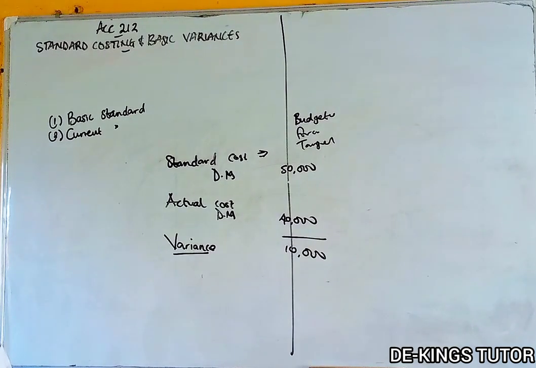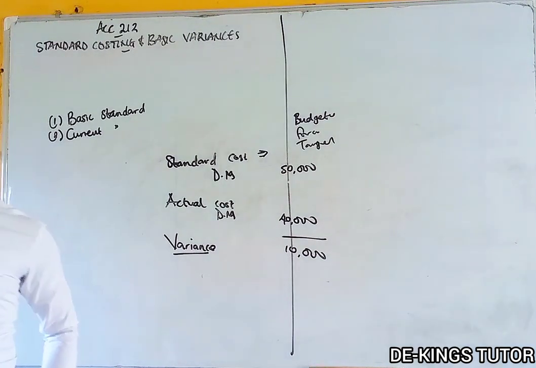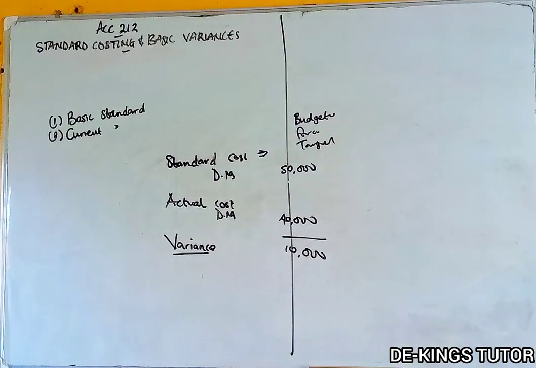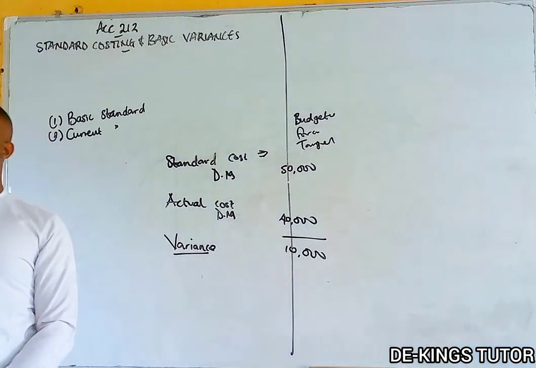For example, the number of labor minutes allowed per unit of product produced.